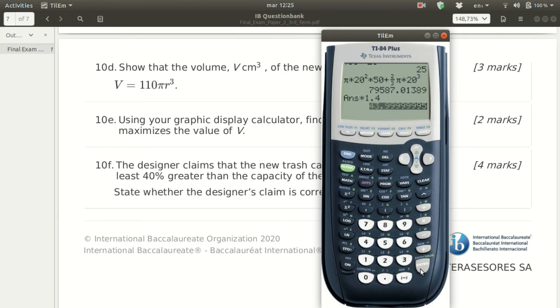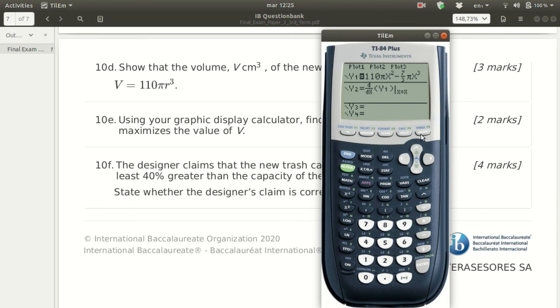Okay, let's do it like this. This times 1.4. Okay, so the volume of the trash can that the designer got should be at least 111,421. Okay, so we already found it here. So let's do the table.